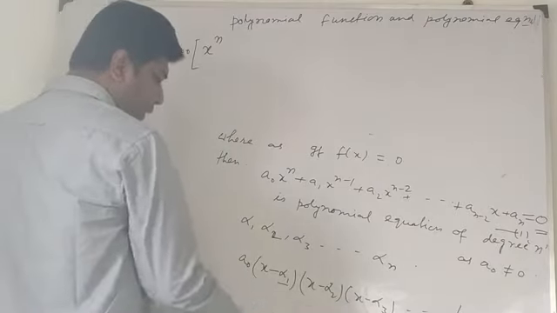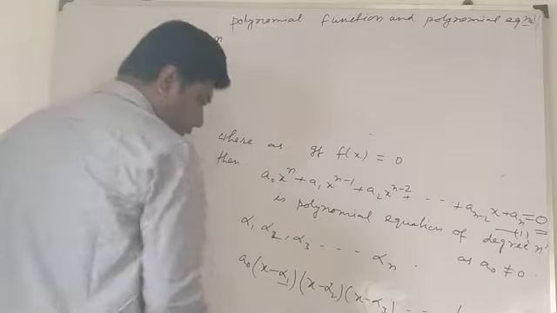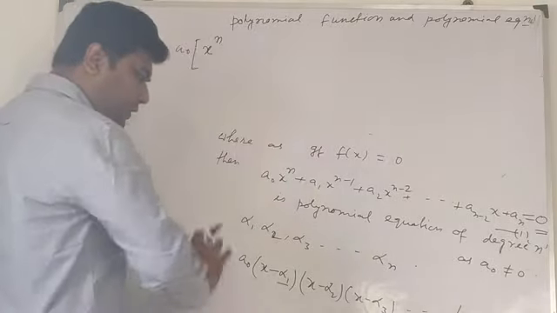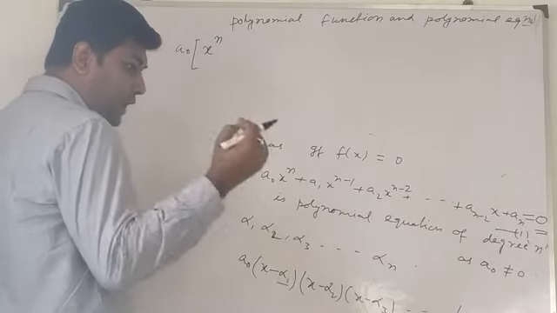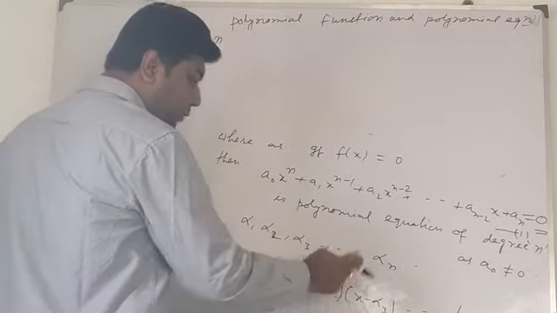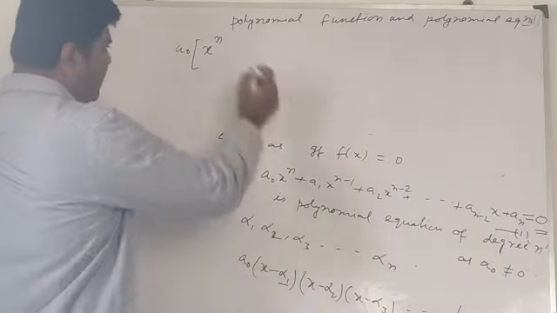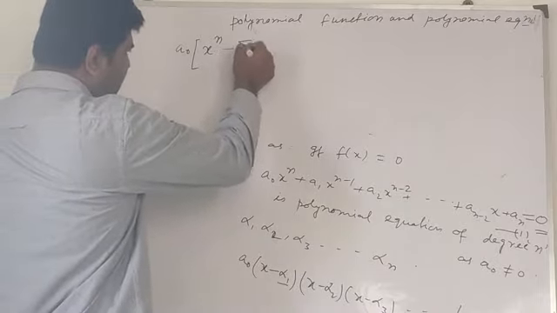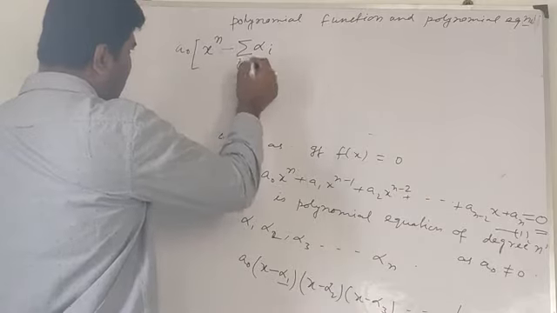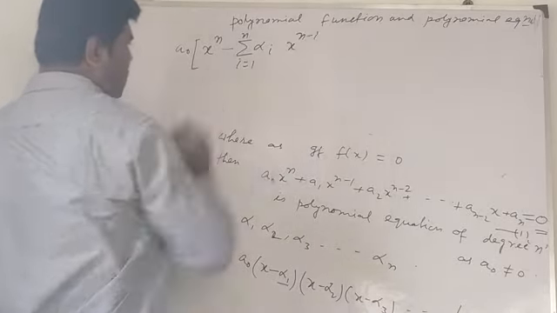Similarly, if you take minus alpha 2 and x from the rest, it will be minus alpha 2 x to the power n minus 1. Hence, there are n terms of x to the power n minus 1. So what are those terms? You can write them as minus summation of alpha i, where i is 1 to n, x to the power n minus 1.